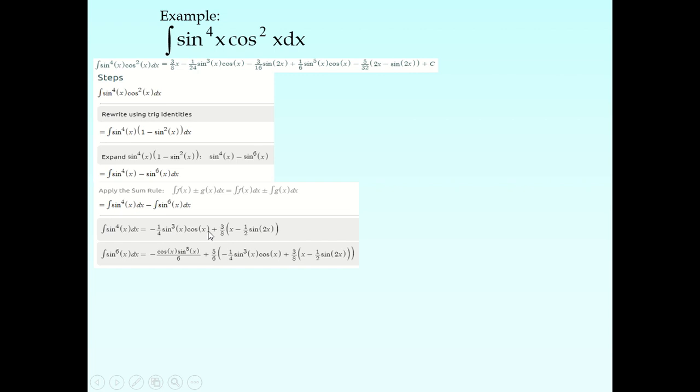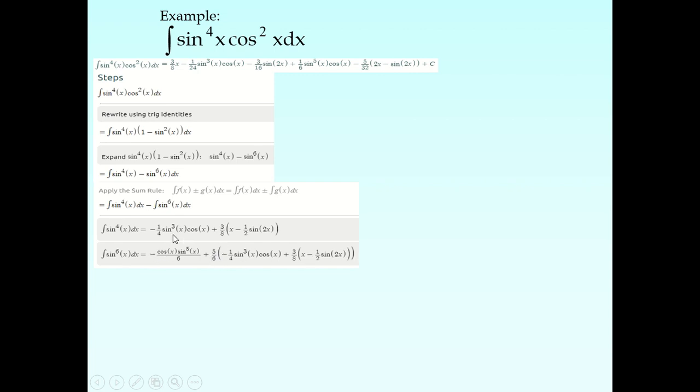You may see the details of how this result was derived by watching the separate video about the reduction formula for integration. The same goes for the second term. We also use the reduction formula for integration to get this result.